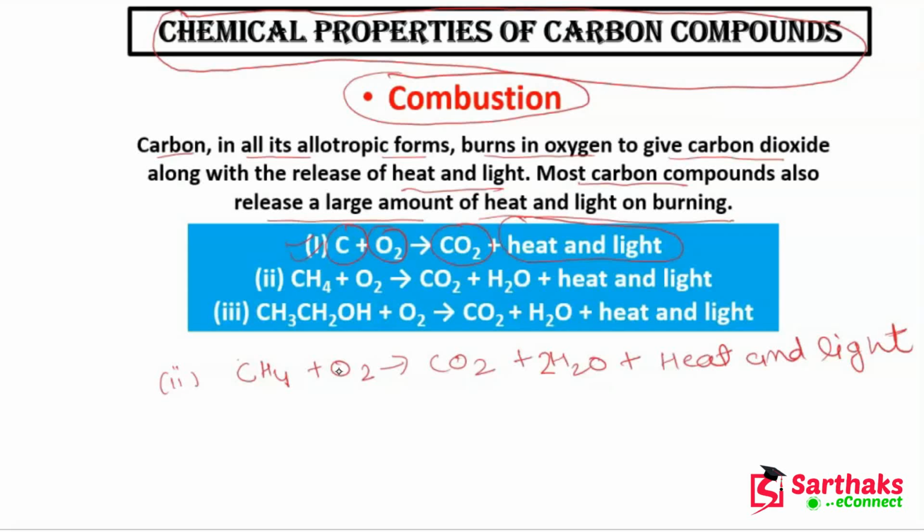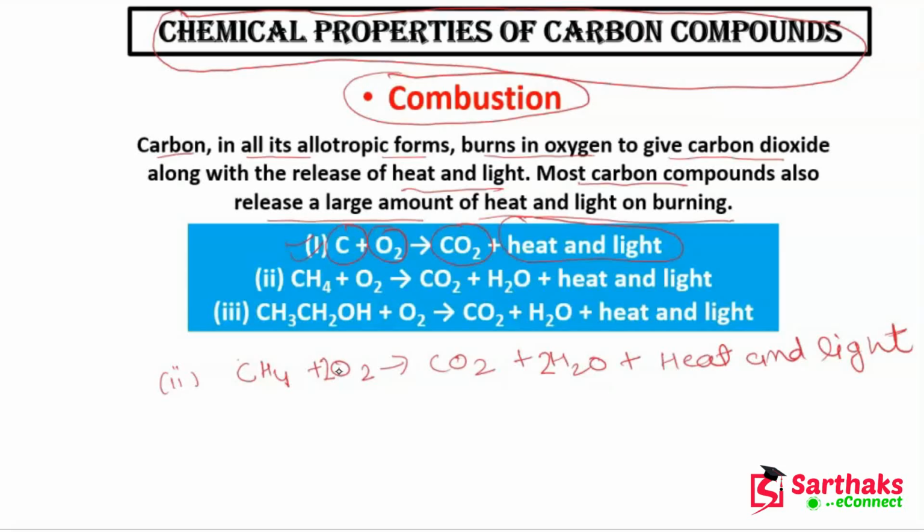But oxygen is not balanced yet, so we will start balancing oxygen. On the right side there are 4 atoms of oxygen, and on the left side only 2 atoms. If I multiply by 2 here, you can see that this equation is balanced because all the elements are balanced.